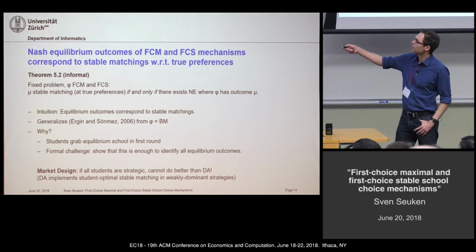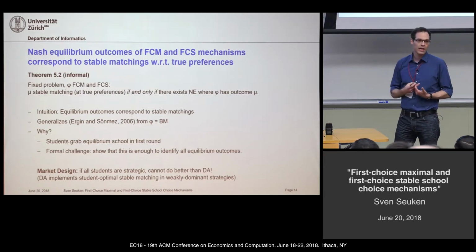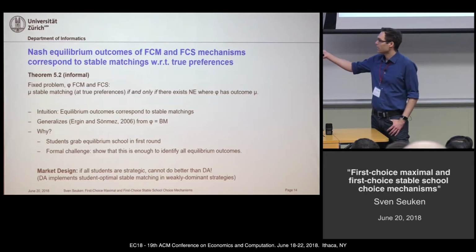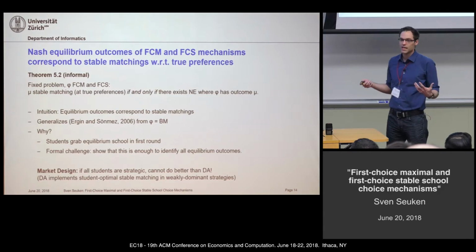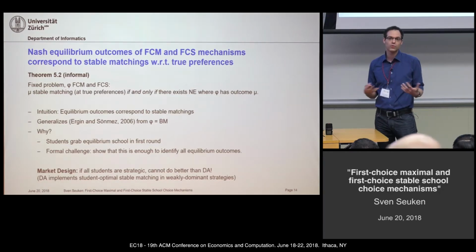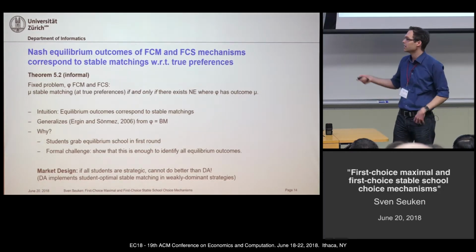So what is the market design implication here? Because of this correspondence between the Nash equilibria and the stable matchings, if all the students are strategic, we cannot do better than deferred acceptance. So this kind of answers one of the motivating questions at the beginning of the talk. Is it actually useful to use these first choice maximal mechanisms?